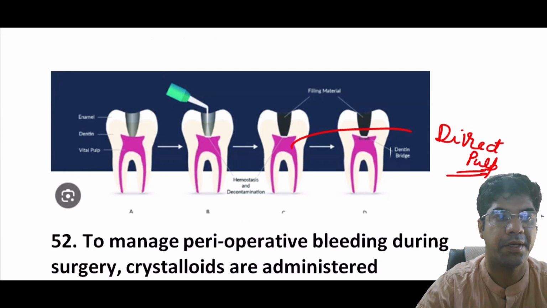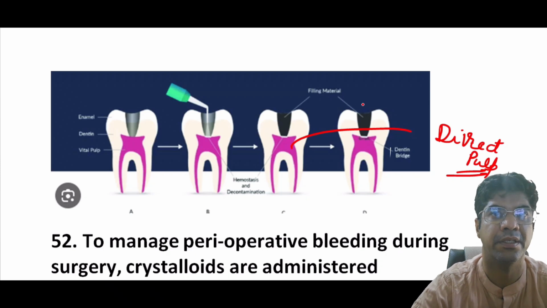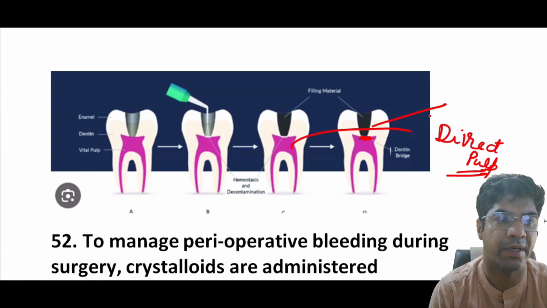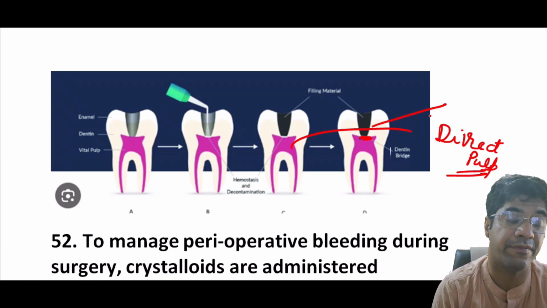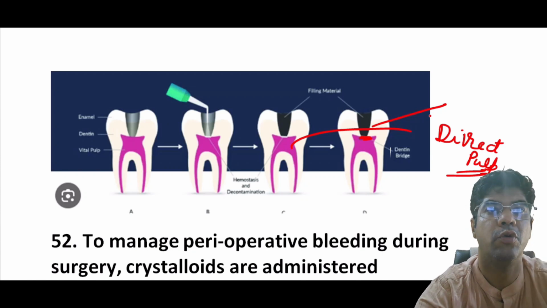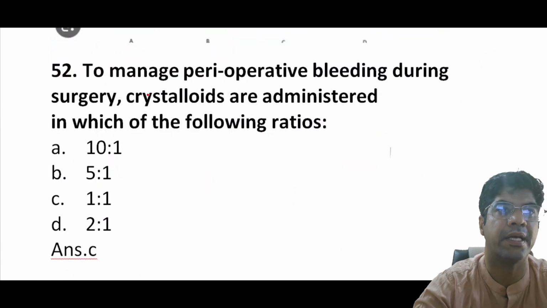So here the calcium hydroxide is applied directly on the exposed pulp to promote healing and preserve the vitality. So the purpose of direct pulp capping is to create a seal over the exposed pulp to protect it from further infection and inflammation.